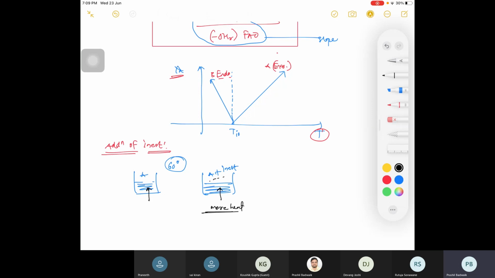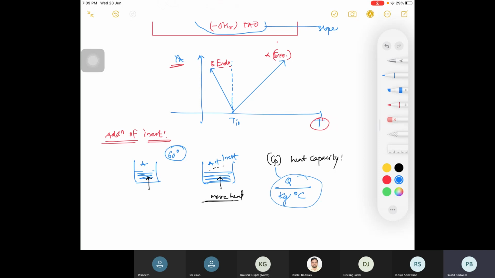So Cp, what is happening here with Cp by addition of inert? Your Cp is your heat capacity, right? It is your amount of heat required to raise 1 degree Celsius of 1 kg substance or 1 gram substance based on your unit, right? 1 ग्राम का 1 डिग्री सेल्सियस से टेम्परेचर बढ़ाने के लिए what is your heat required?